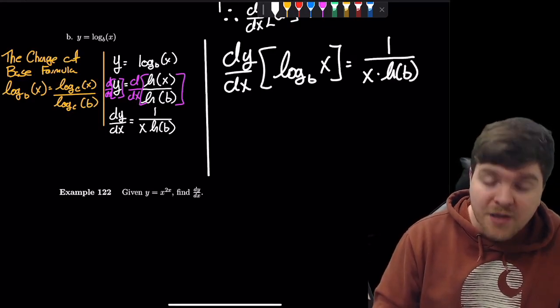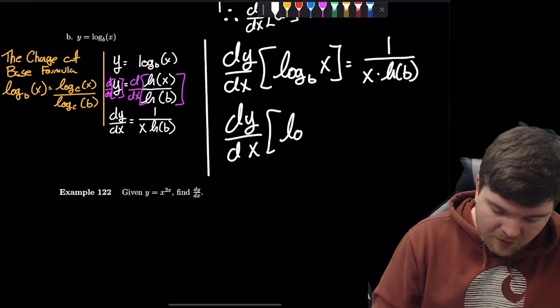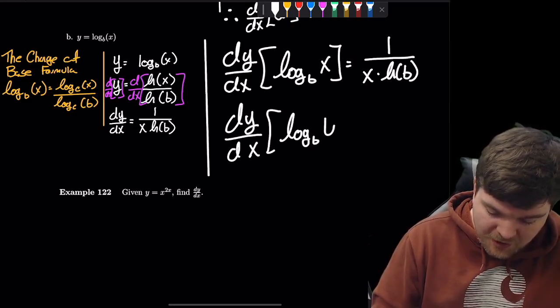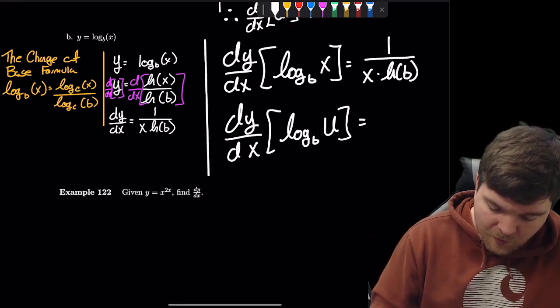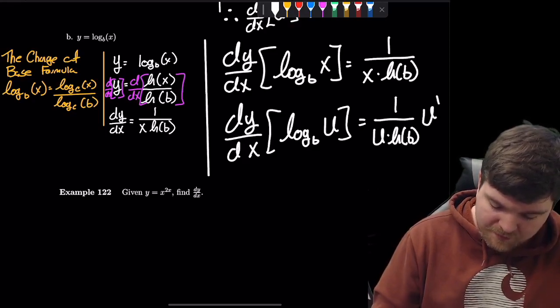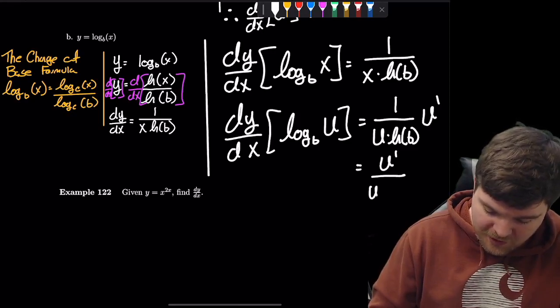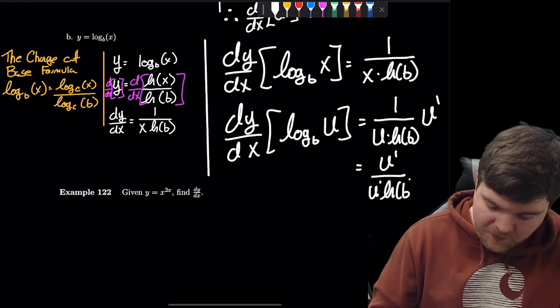But if we apply the chain rule, the derivative with respect to x of log base b of u is going to be 1 over u times the natural log of b times u prime. You may also see this written as u prime divided by u times the natural log of b.